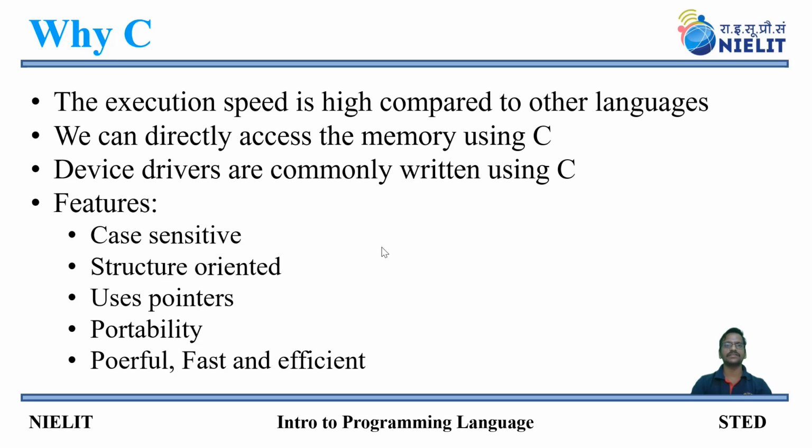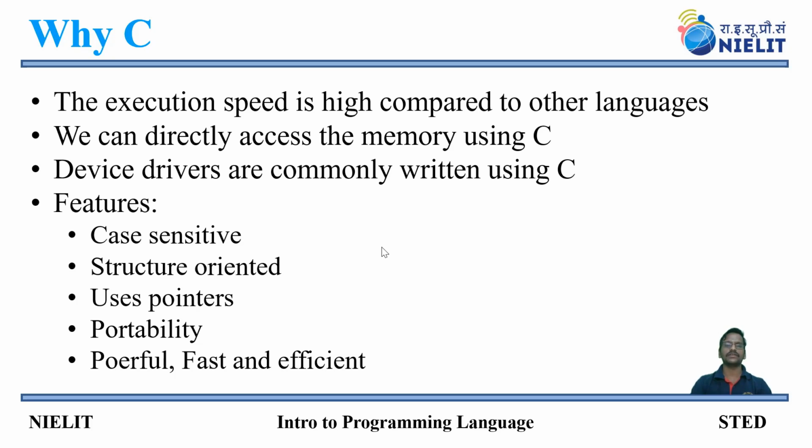Next, why C? The reason is that the execution speed of the C programming language is higher compared to other programming languages. The reason behind this speed is that using C you can directly access the memory.